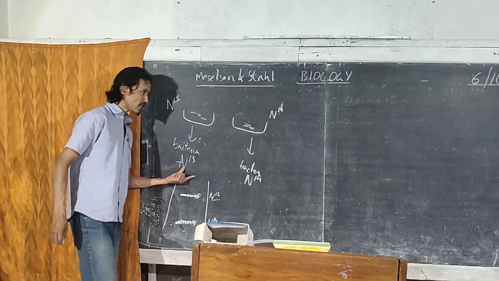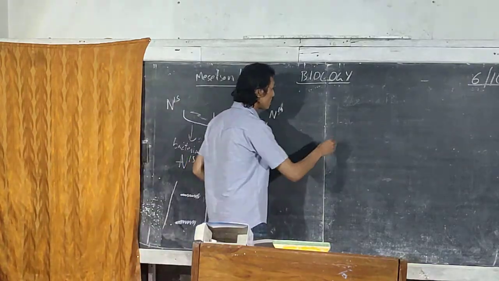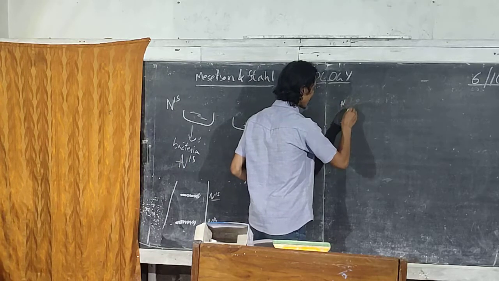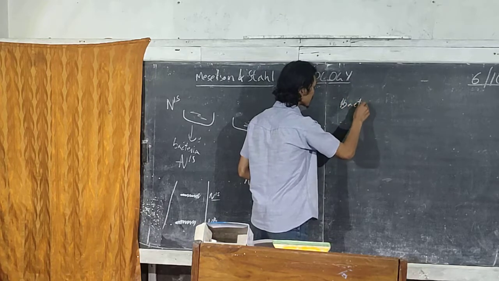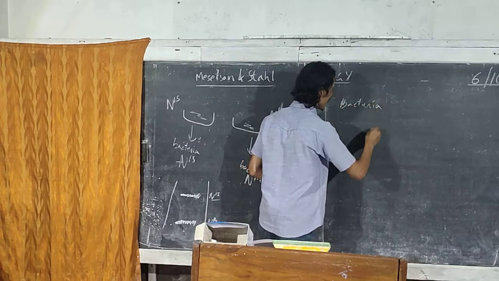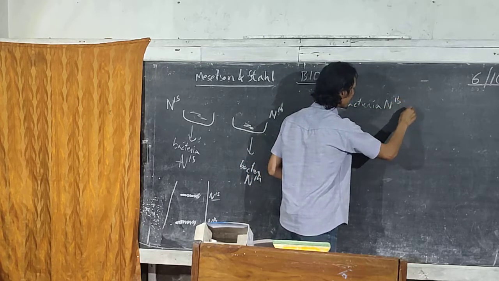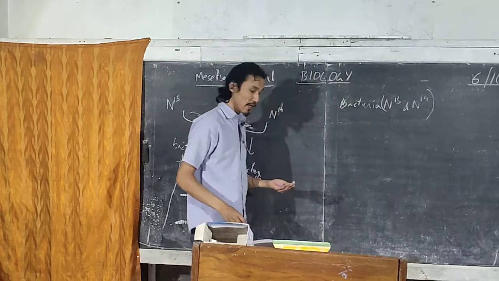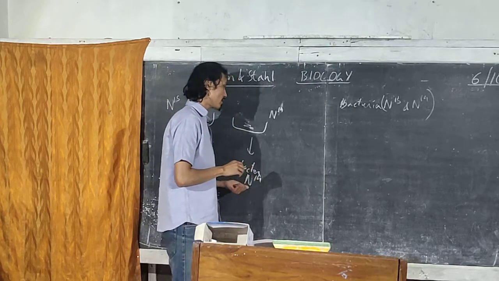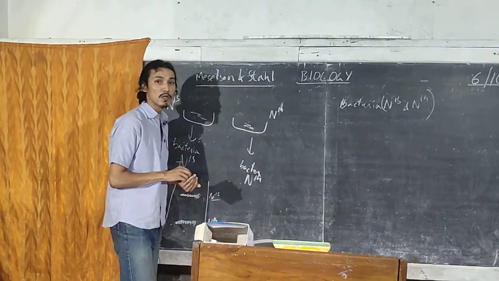Now, the same bacteria were grown together in a neutral medium. Since one contained N15 and the other contained N14, both were growing in the same media, and after a few generations they were also subjected to a centrifugal machine.